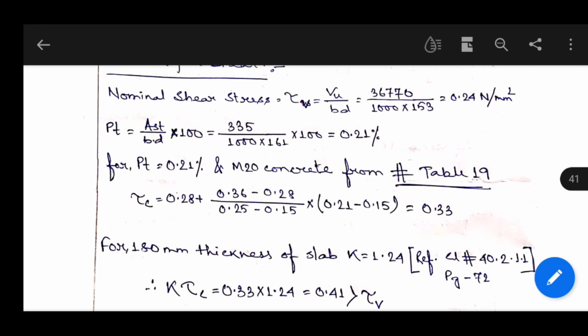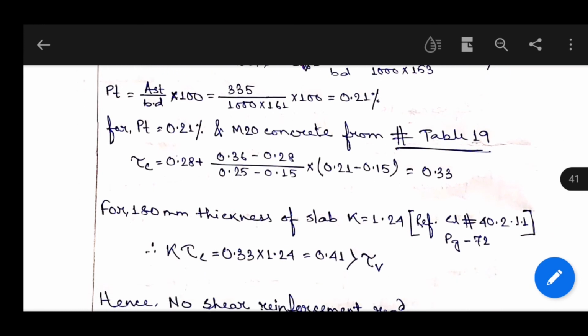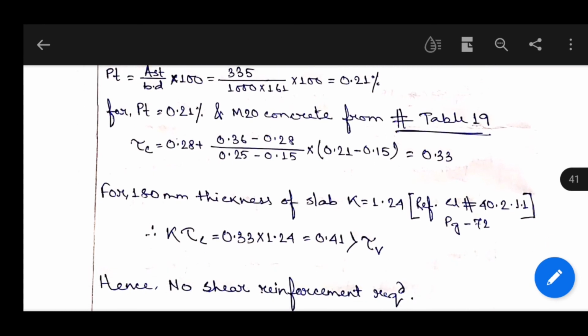Clause number is written here, you can easily find out there. So K value is 1.24. So K tau c is equal to 0.33 into 1.24, that is equal to 0.41, which is greater than tau v. That means no shear reinforcement is required because there is no excess shear. Okay.